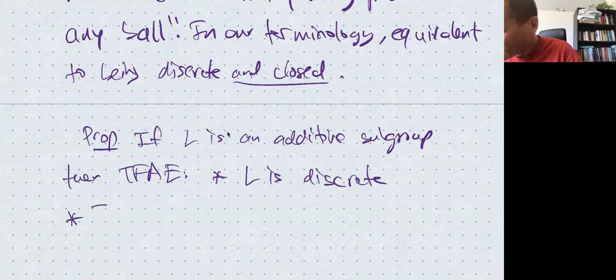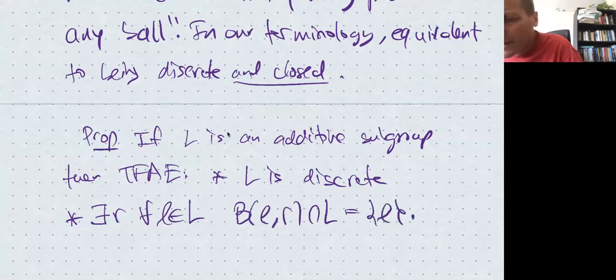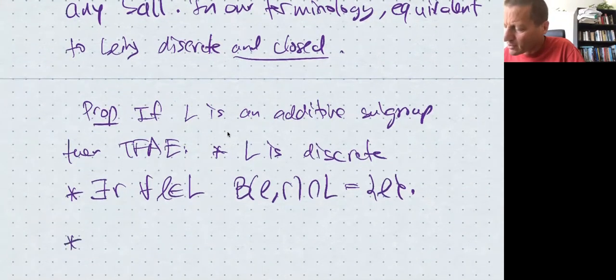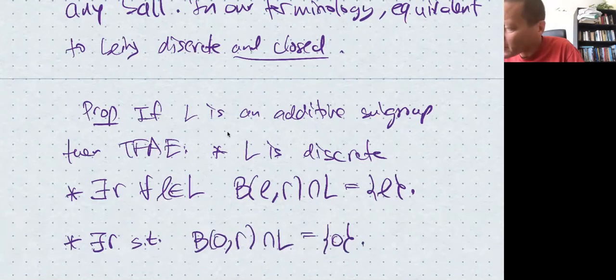There exists R such that for all L now, the ball B of radius R around L intersects the set only in L. So it's independent of L, and in fact, the proof will show that this is the same as saying that there exists an R such that the origin is isolated by the ball of that size. Let me give these numbers because we're going to be proving these implications.